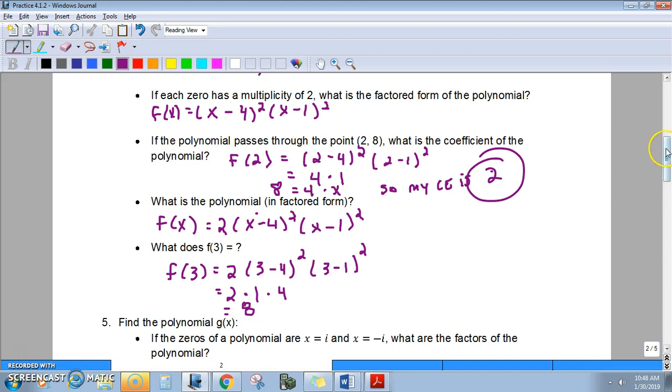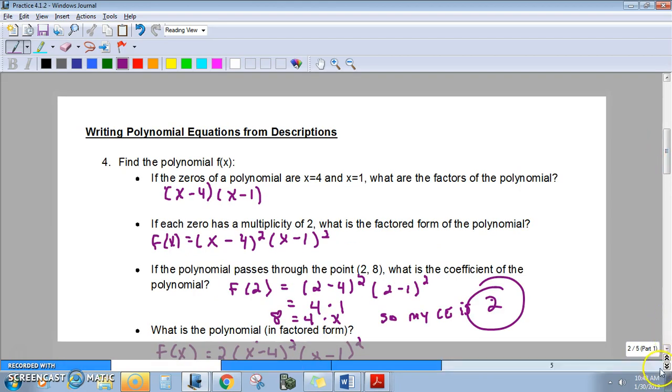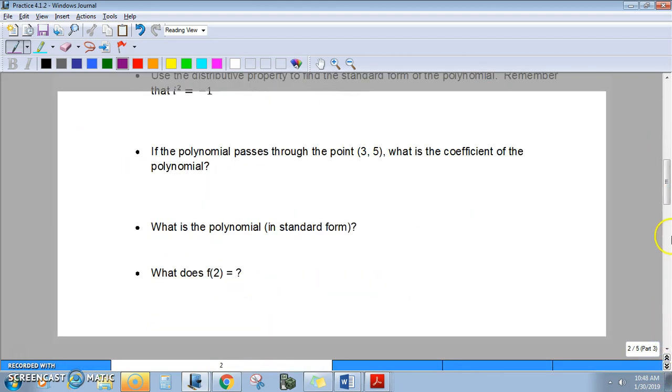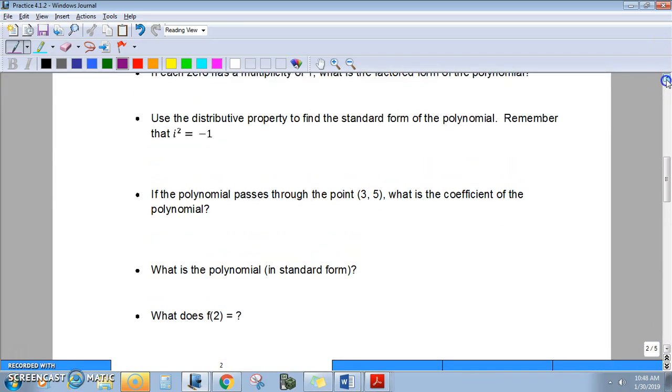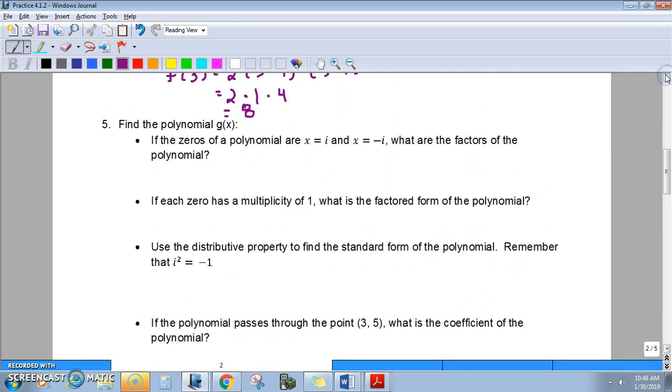All right, now we're going to look at some complex numbers and see how that works with them. It's the same exact thing. If the zeros are i and negative i, and remember the definition of i is the square root of negative 1, but we'll just use i. So we have (x minus i) times (x plus i).